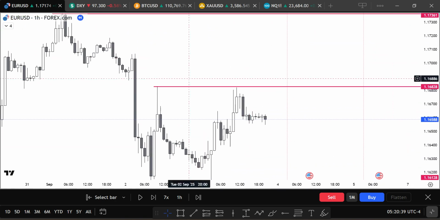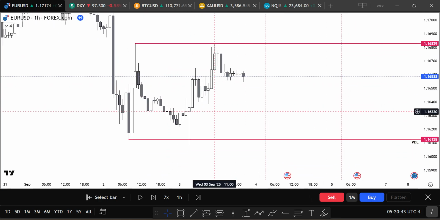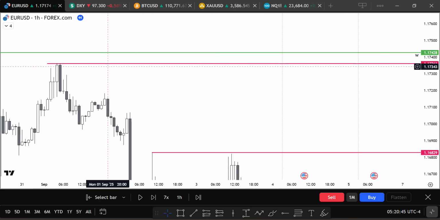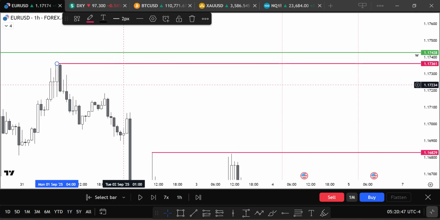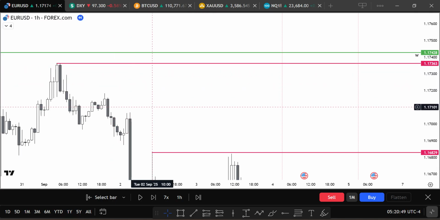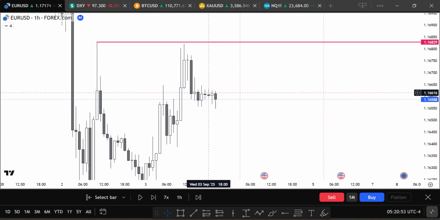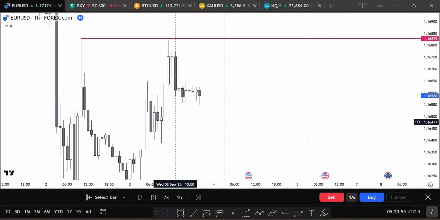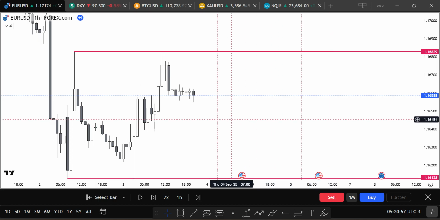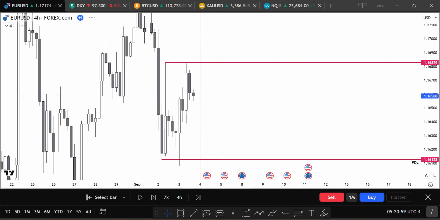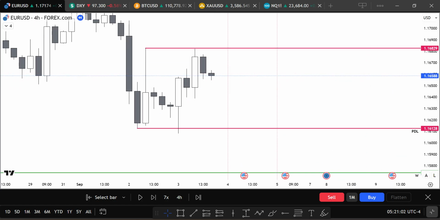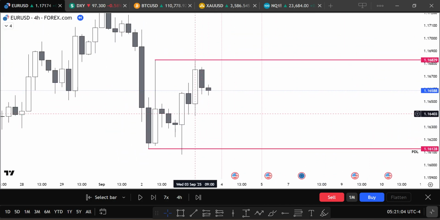We have new drawdown liquidity, this one for intraday purpose, and this was the weekly drawdown liquidity. Okay, so you can see the Asian session became very choppy, right? Also on the 4 hour time frame, everything is happening under the range.